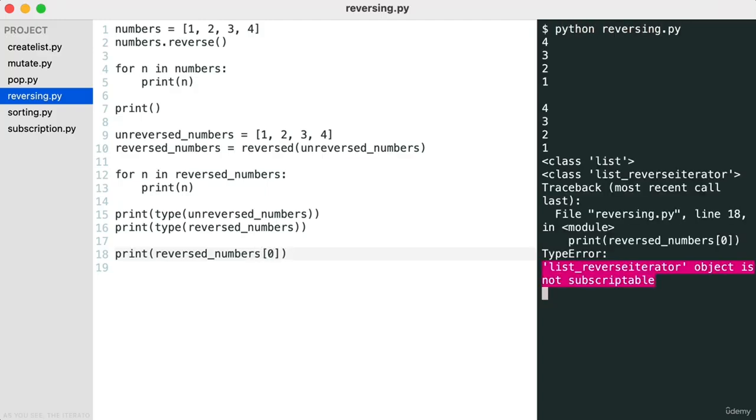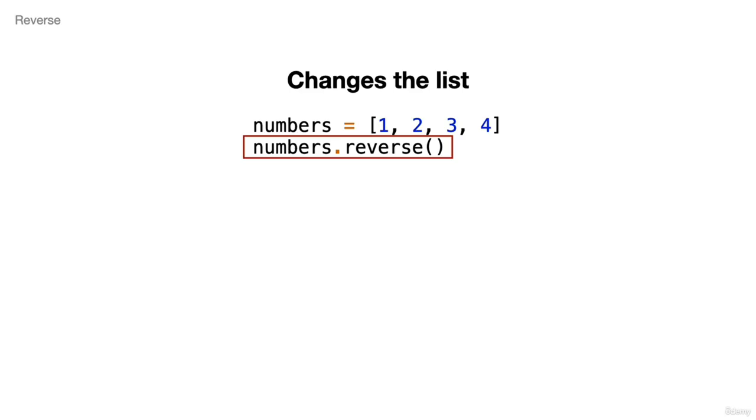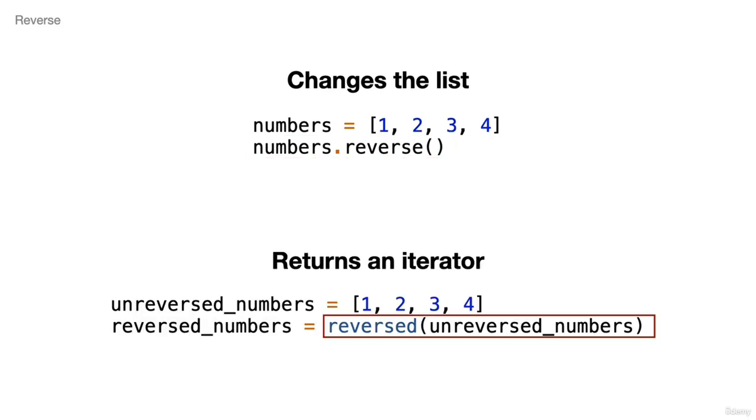As you see, the iterator is not subscriptable and you cannot get its elements by index. The reverse method will change the original list, and the reversed function will return an iterator that allows you to iterate with a for loop.